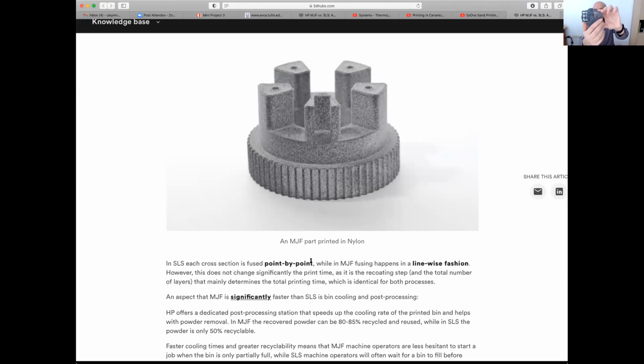This is an example of HP's technology, multi-jet fusion process. And as you see, since the part is produced in a powder bed, you can have such assemblies. And another advantage is that if you have a large building volume, you can produce, for instance, thousands of this same product.